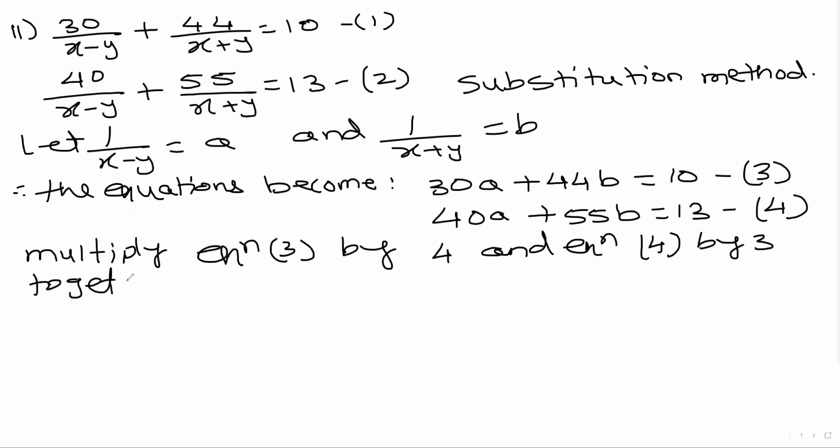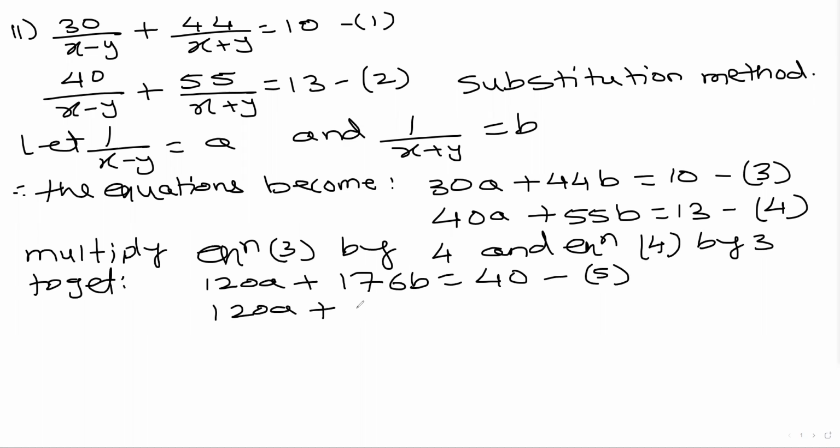What do you get? 120a plus 176b is equal to 40. Let us call this equation 5. And then you'll get 120a plus 165b is equal to 39, equation 6.